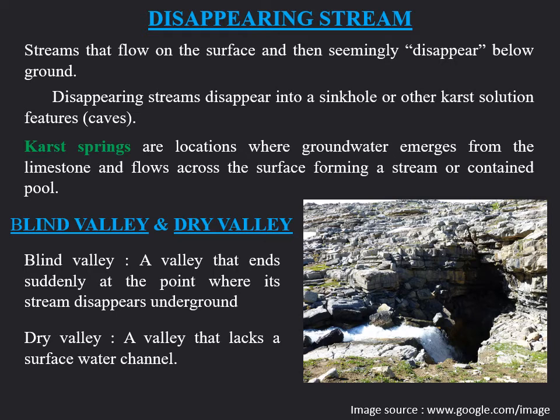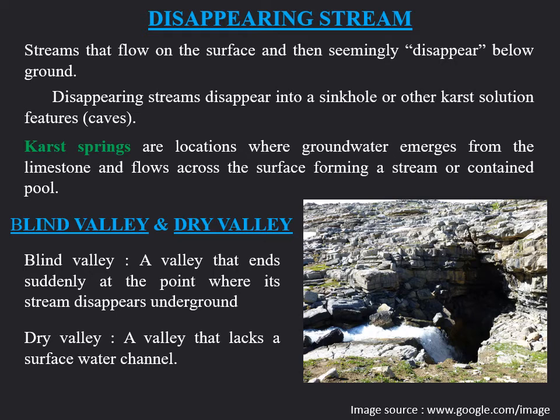Now, as you can see in this picture, there is a mountain, and that mountain is affected by karst topography, karst landscapes, and has a sinkhole, and a river is flowing in these areas and disappearing in these sinkholes.